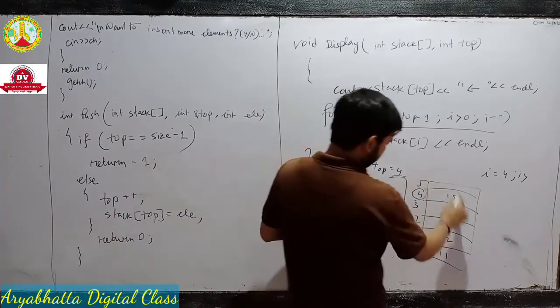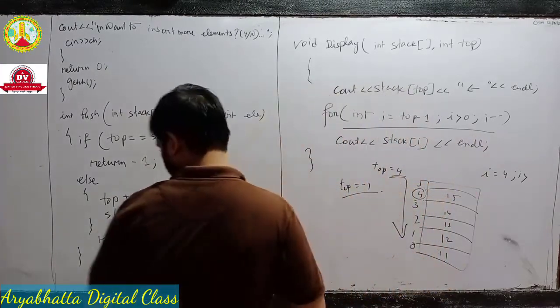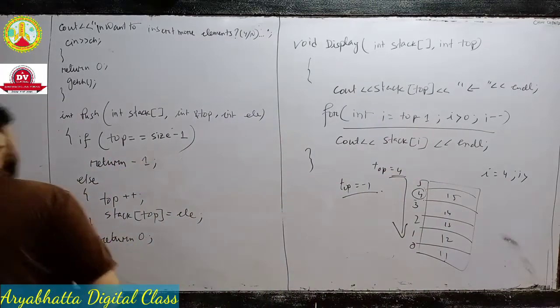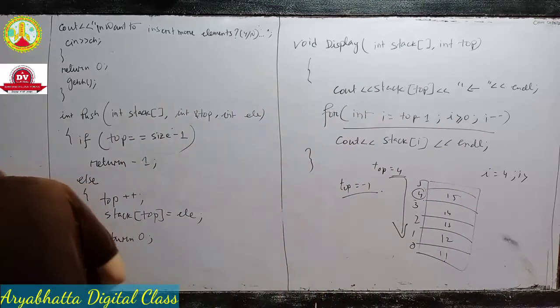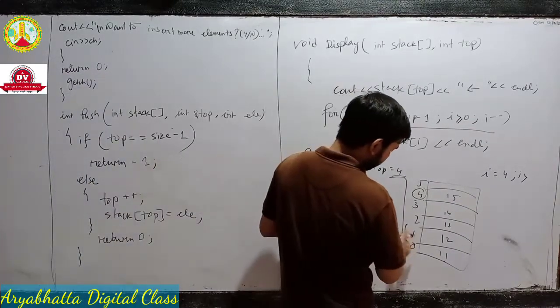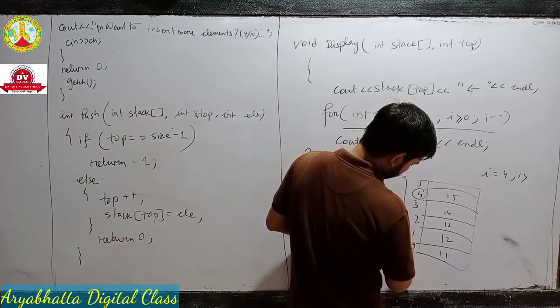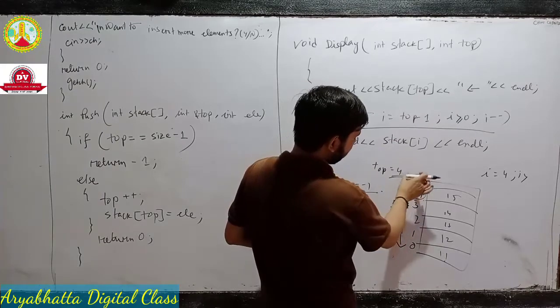Okay, 0, like that. Once again, i greater than or equal to 0. That's why I am saying yes, i greater than or equal to 0, because up to 0 it is coming.